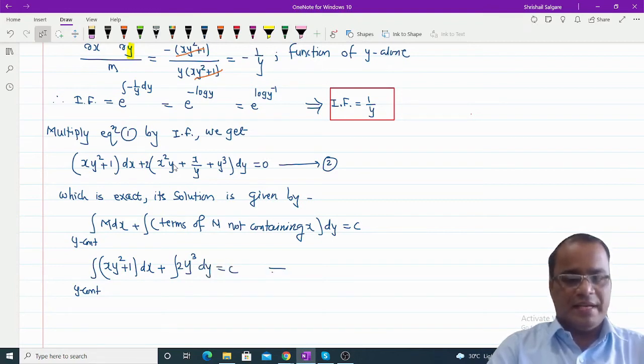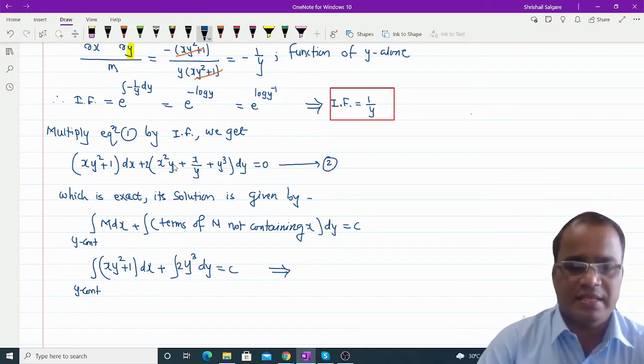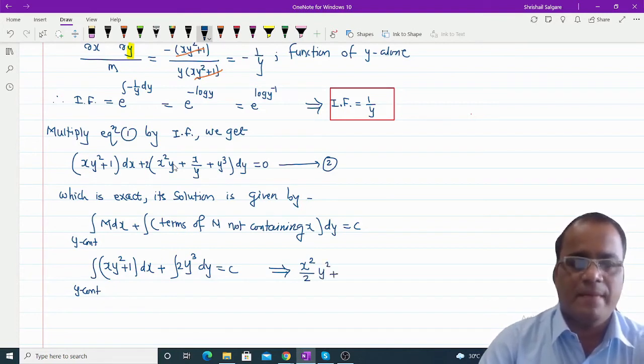So if you take integration term by term, what is the integration of the first term? It comes as x square by 2. Integration of x is x square by 2 and this y square remains as it is, plus integration of 1 with respect to x is x, and next one 2 y cube divided by 3 equal to c.